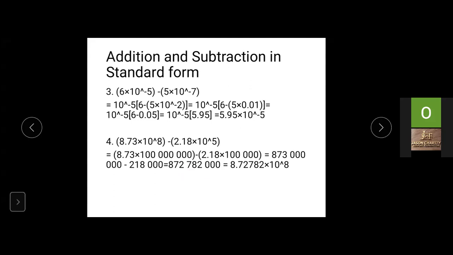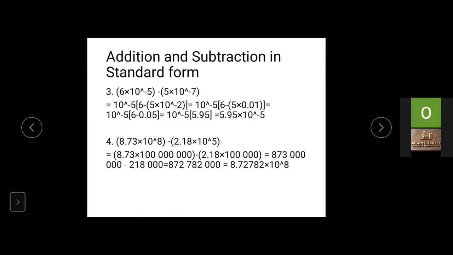So we have 8.73 times 10 raised to the power of 8. 10 raised to the power 8 is the same thing as 100 million. So we have this first term as 8.73 times 100 million. And then we have the second term, which is 2.18 times 10 raised to the power of 5. 10 raised to the power of 5 is the same thing as 100,000.